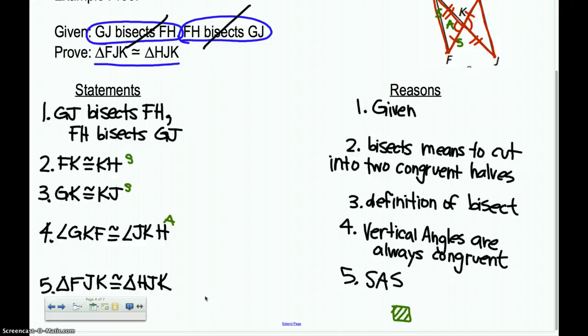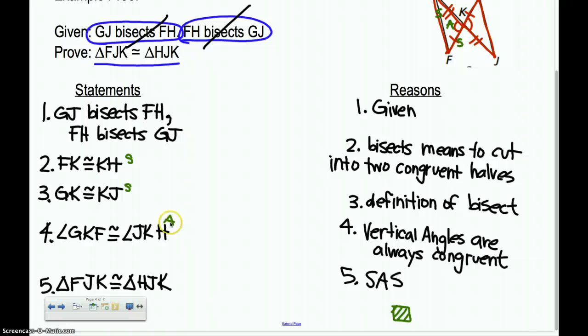We looked at the bisected, and then we looked at, okay, we still needed an angle. How can we get an angle? In the picture, vertical angle is great. That's what's going to help us. And in the proofs, chances are that the angle you can say congruent will be the included angle. In this case, we had the included angle that we can mark congruent. Once we can mark that congruent, we had enough information.